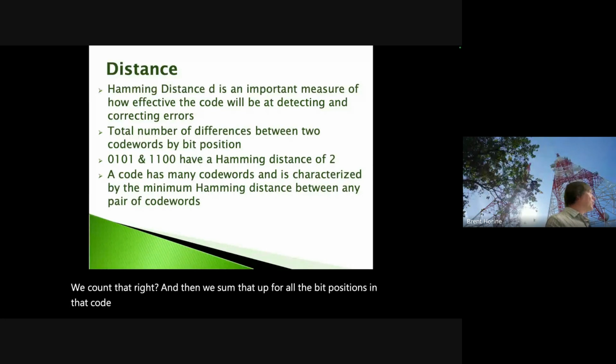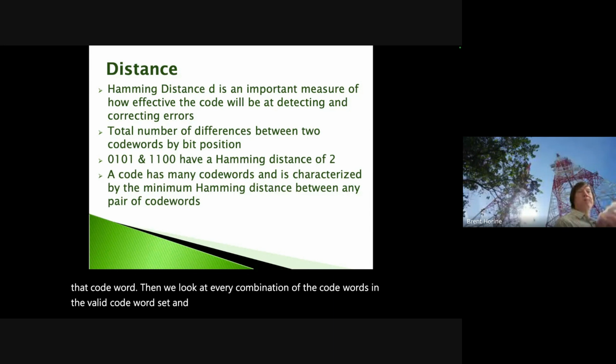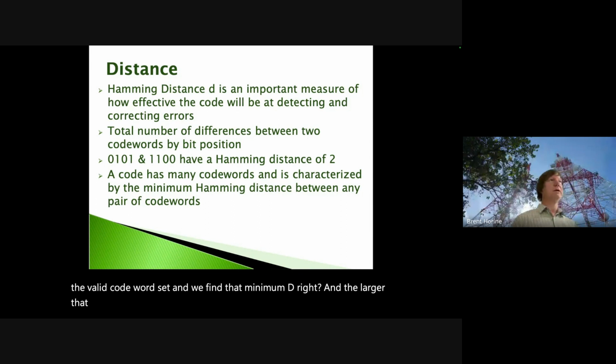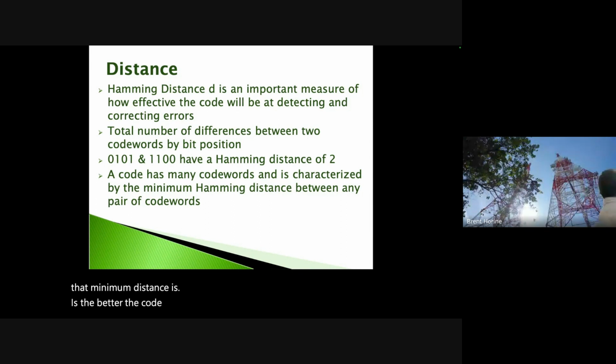Then we look at every combination of the code words in the valid code word set, and we find that minimum d. The larger that minimum distance is, the better the code will be. So that's the total number of differences between two code words by bit position.